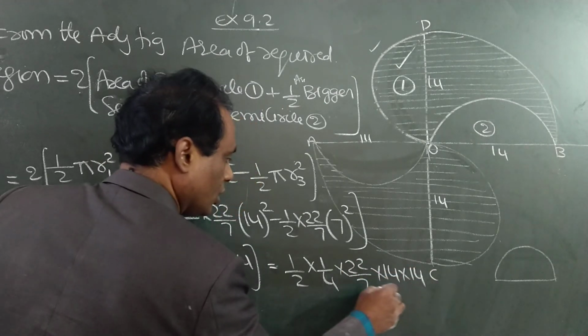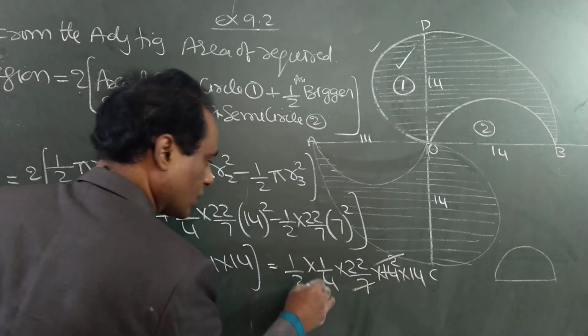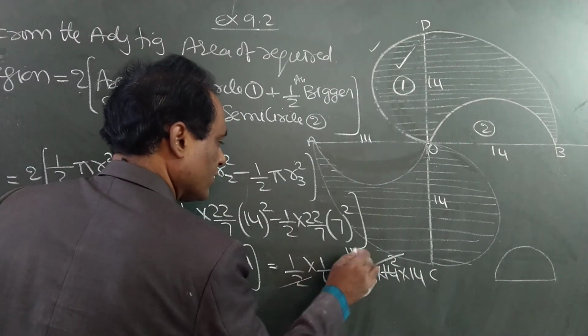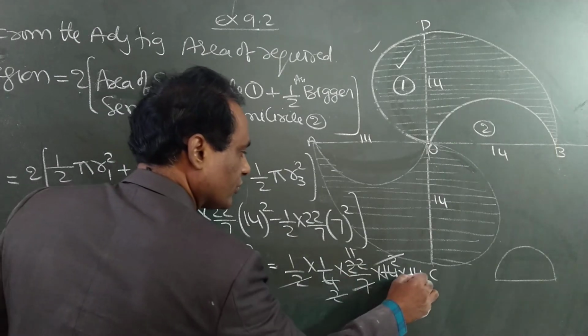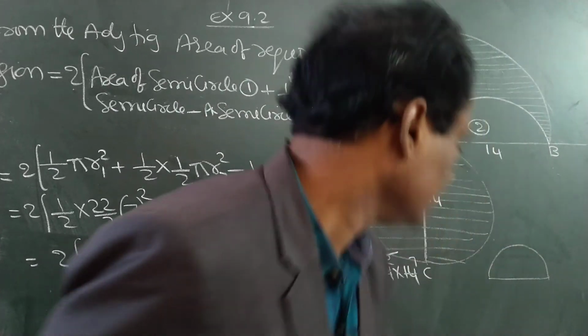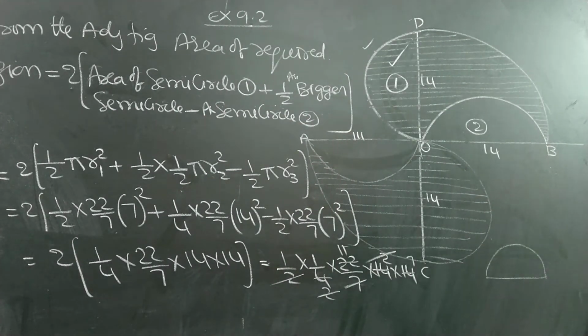See here. 7 2s are 14, so cancel. 2 11s are 22, 2 2s are 4, 2 7s are 14. Do the simplification. Write down that step and do the simplification.